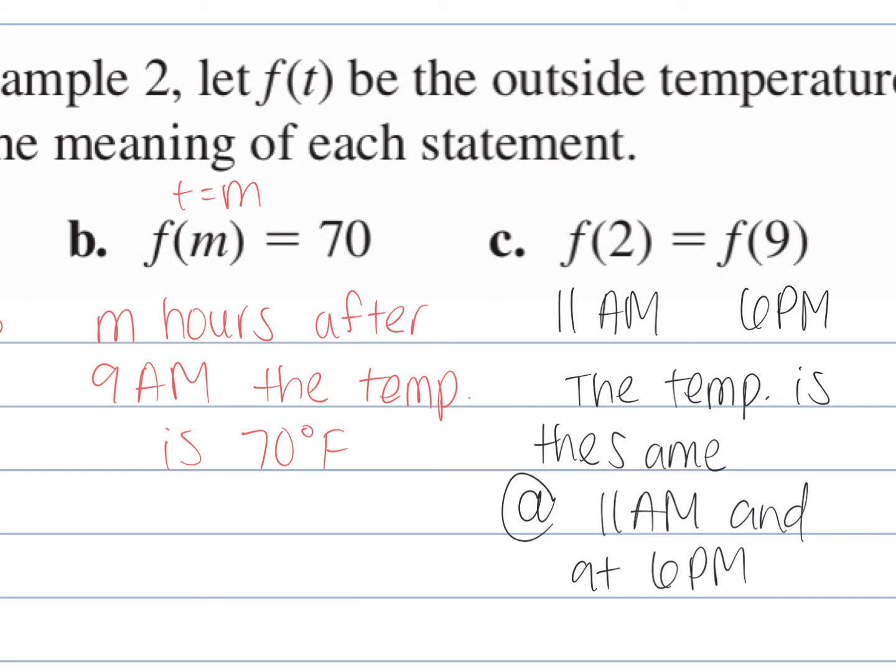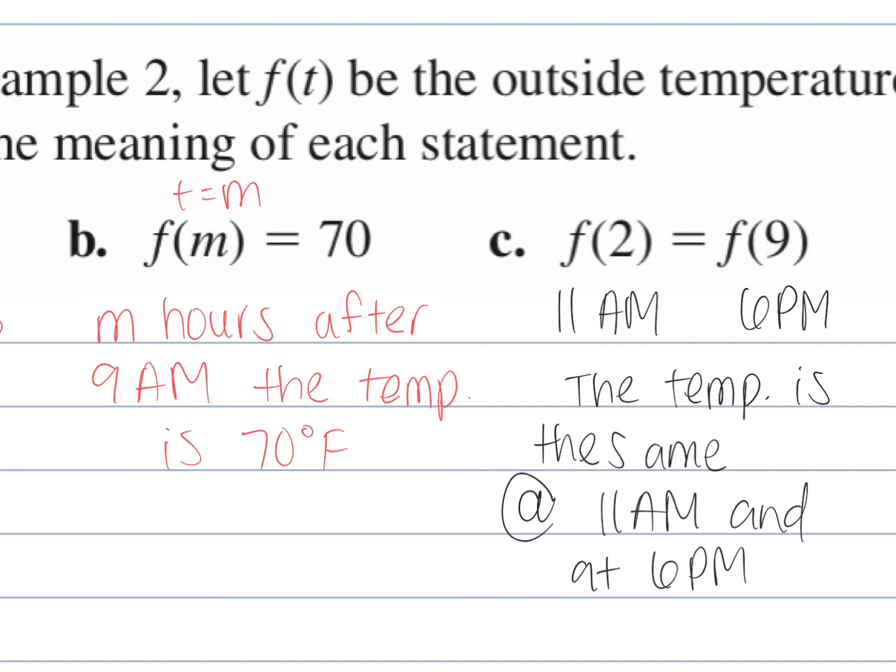You're confused on that one? Okay. So do you agree that T was equal to 2 here? What's 2 hours after 9? 11. What's 9 hours after 9? 6 p.m. Do you agree with that? So it's saying the temperatures are equal to each other at these two times.